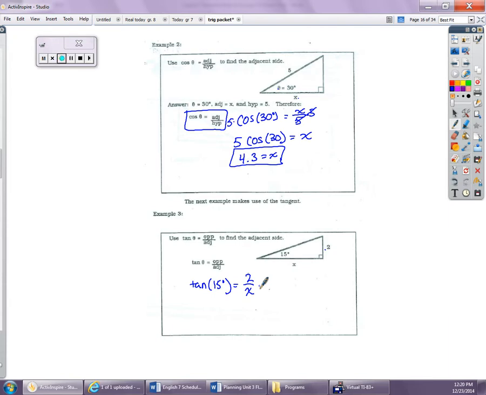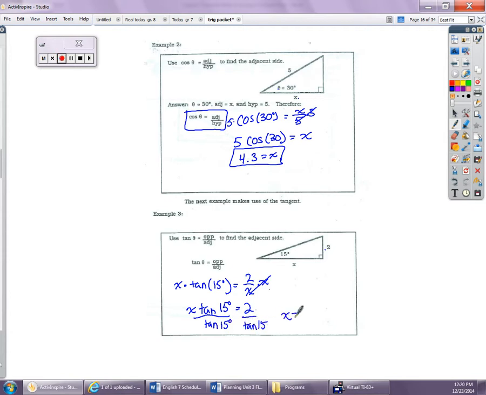We multiply by the denominator, so we multiply both sides by x. Now I have x tangent of 15 degrees equals 2. Once I get that, we divide by the tangent of 15.